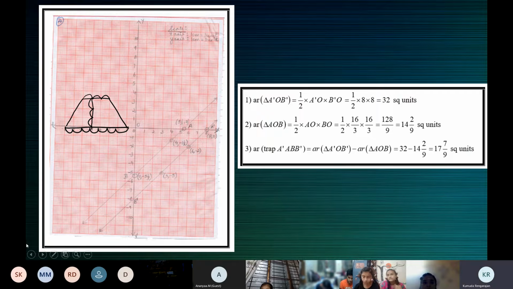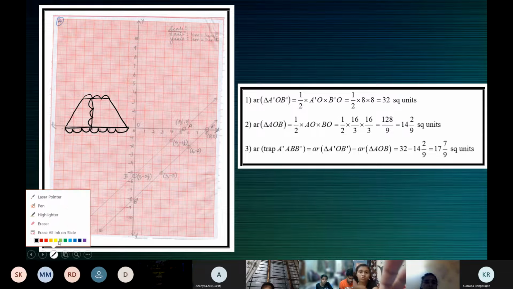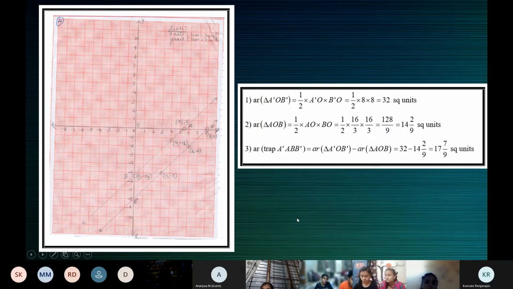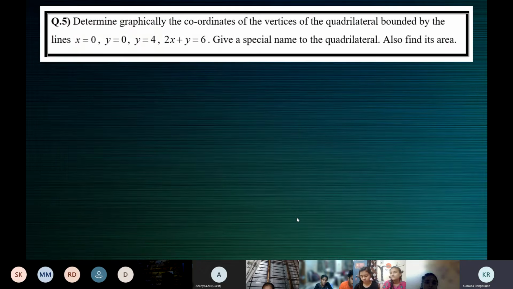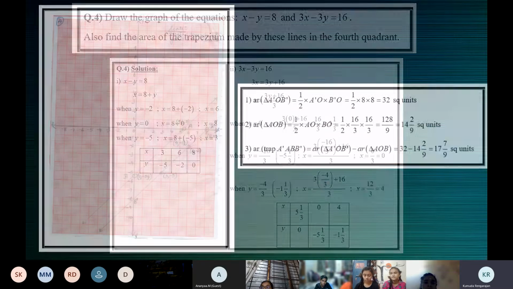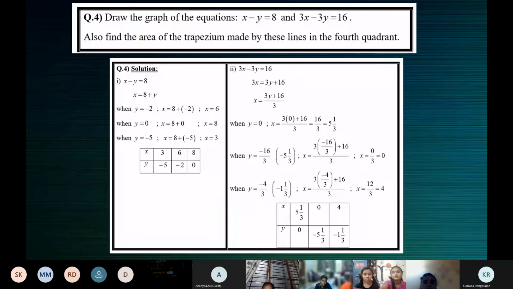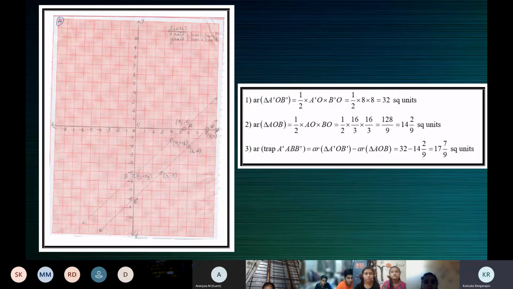All right, children. Okay. So that's about this graph, the answer to this graph. Please, for graphs you will not have time to revise before the exam. Everything you cannot revise before the exam.